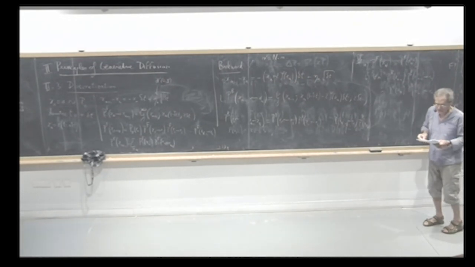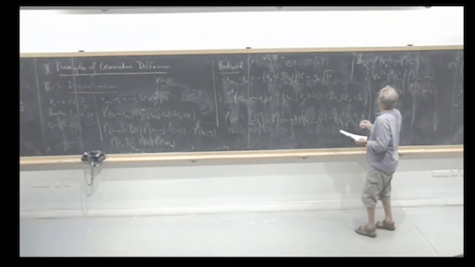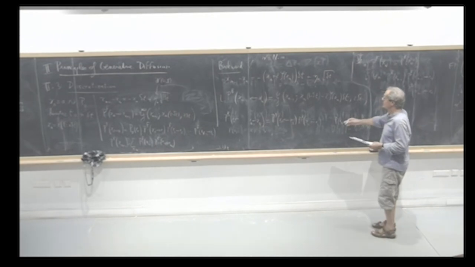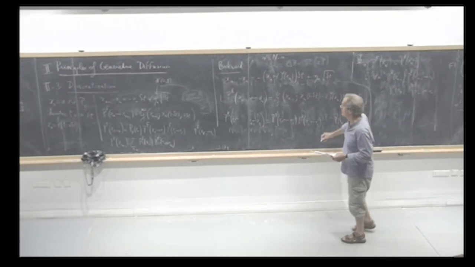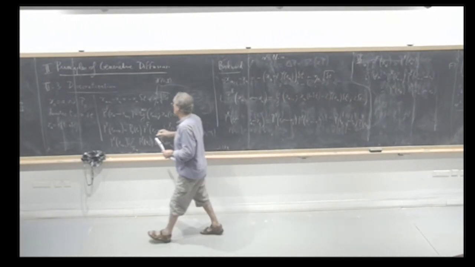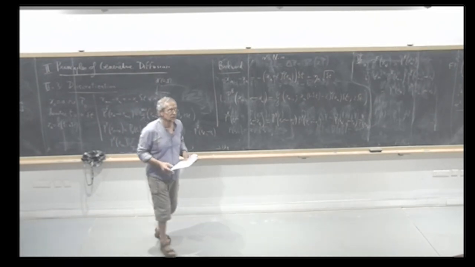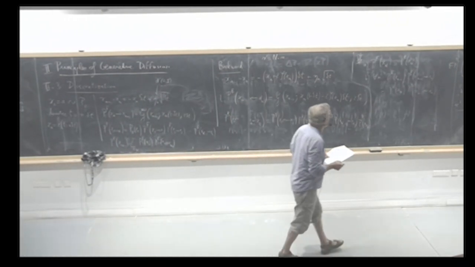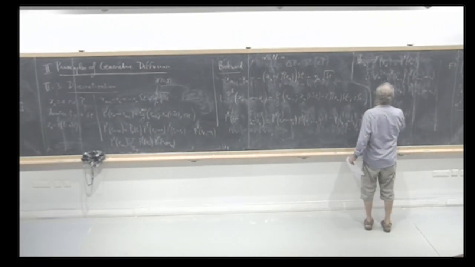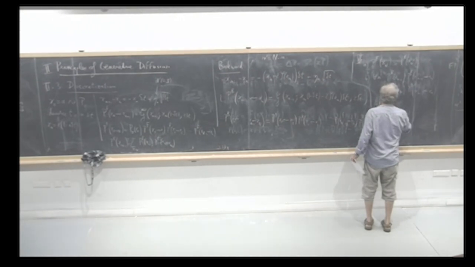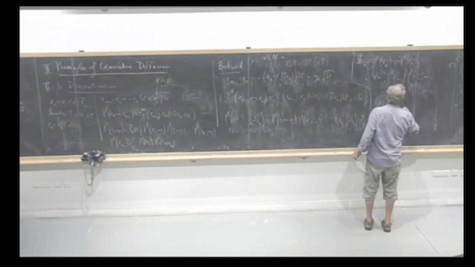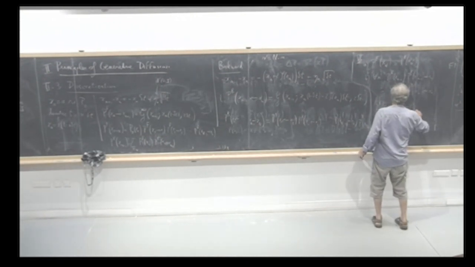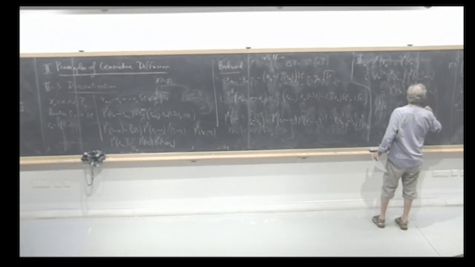Okay. So if these two conditions are met, then just looking at this and that, you can show that the probability distribution of the forward is equal to the probability distribution of the backward.